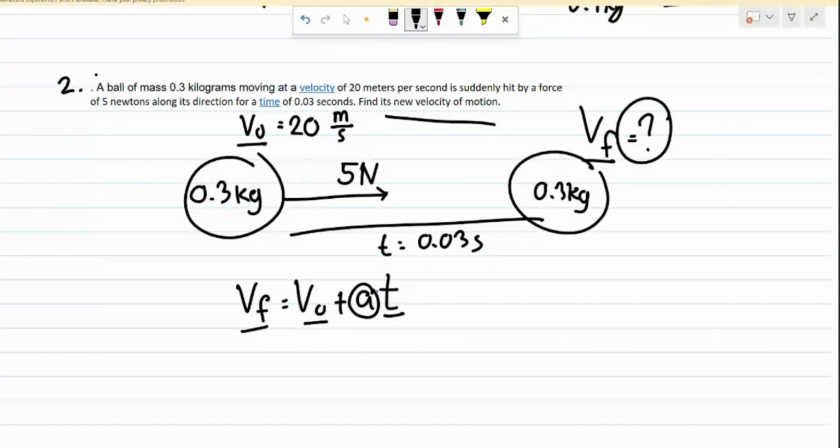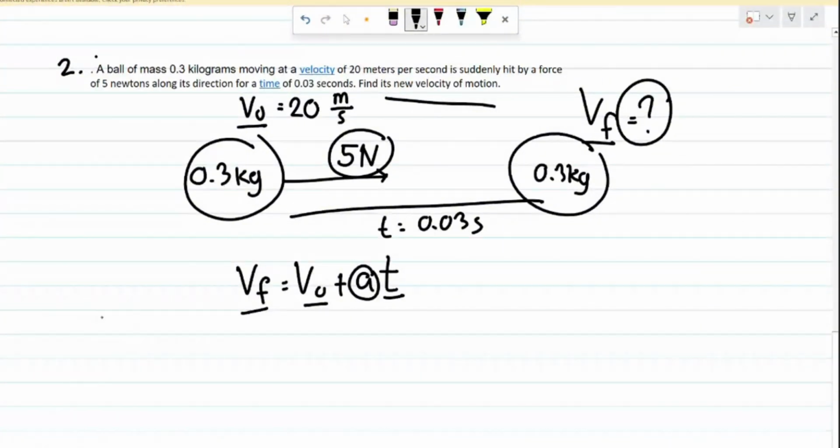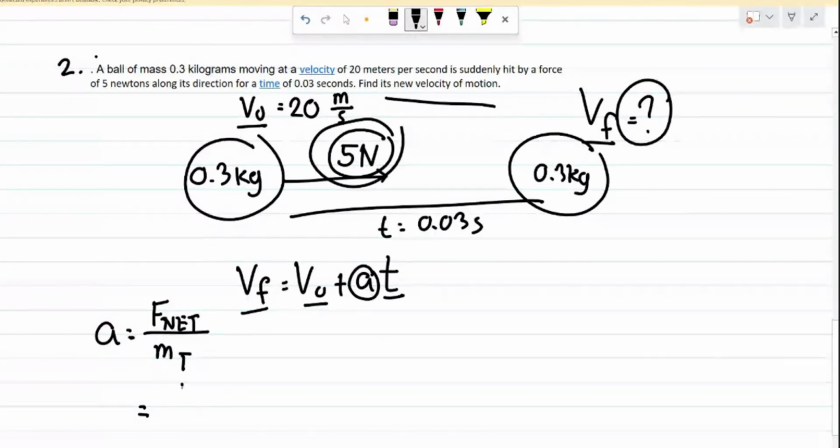At sir, paano po siya hanapin? Siyempre, kung meron po tayong given na force, dyan po papasok si Newton's second law of motion. Sir, ano po yung ating magiging formula? So again, acceleration would be yung ating net force over the mass total. Sir, yung ating net force, iisa naman po yung nag-act sa kanya, and that's only yung ating 5 newtons over ano po yung ating mass ulit, that would be 0.3 kilograms.